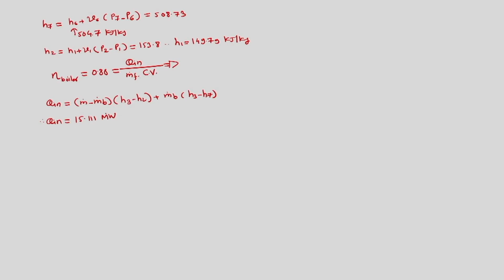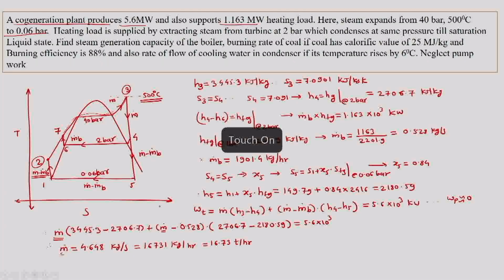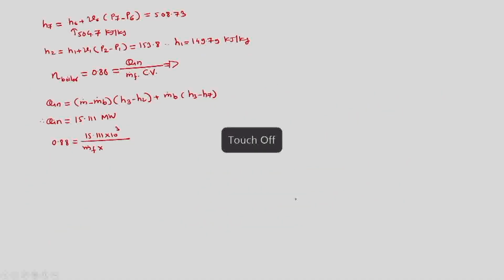So we can put this Q in, and then it becomes 15.111 into 10 to the power 3 divided by mass of fuel into its calorific value, and calorific value is given to us as 25 megajoule per kg. So this is 25 into 10 to the power 3.